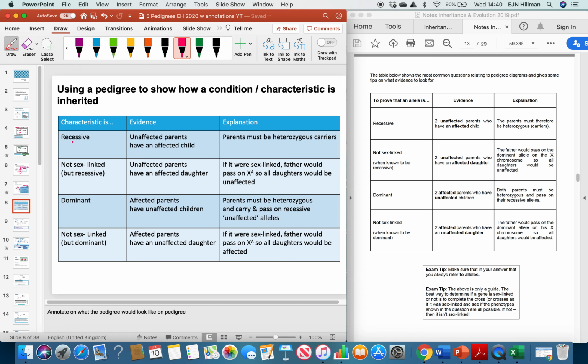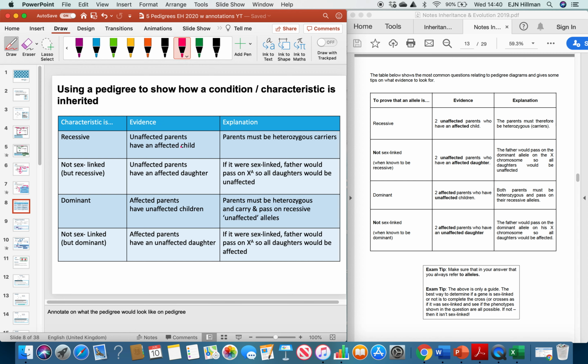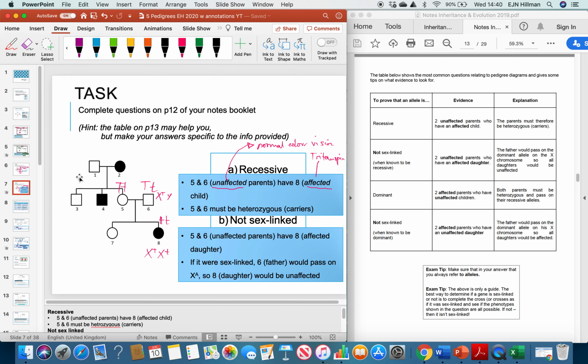So for a recessive characteristic, if you're asked to give evidence, as we were here, we give the numbers 5 and 6 and 8. Have an affected child, 8. Explanation, well, the parents must be heterozygous carriers. As we saw here, we said that they are heterozygous carriers. In this case, let's just erase that bit because we know that's not true. We'll erase that bit.